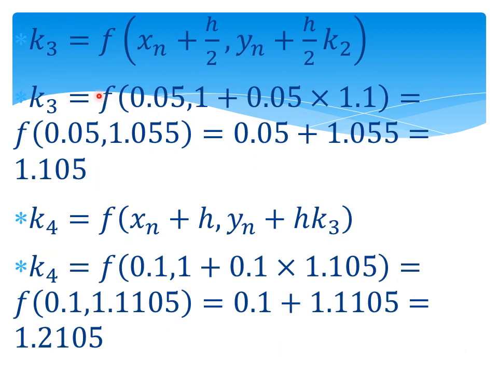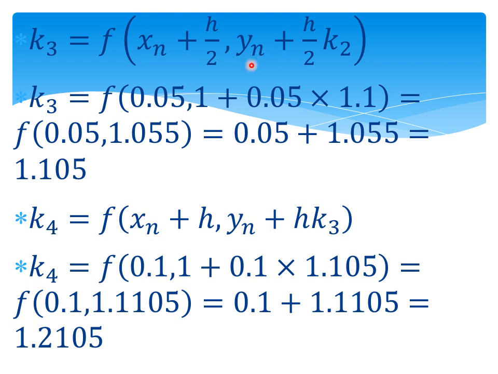Now we will find k3. This is the formula to find k3. k3 equals f of x naught, where x naught is 0 plus h, and h is 0.1 divided by 2, which gives 0.05. A comma is given, so you write a comma, then y naught.